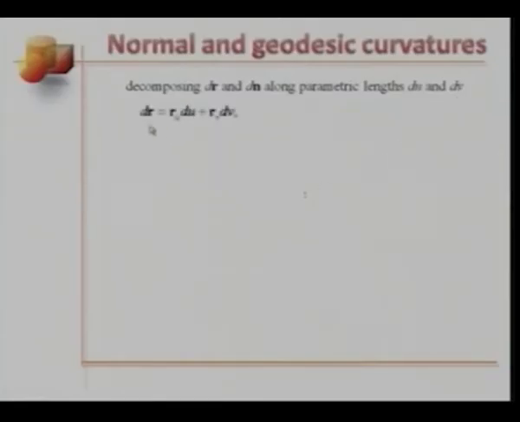So dr equals r sub u times du plus r sub v times dv. Likewise, dn equals n sub u times du plus n sub v times dv. You can also think of these results as being obtained from the first order Taylor series expansion.